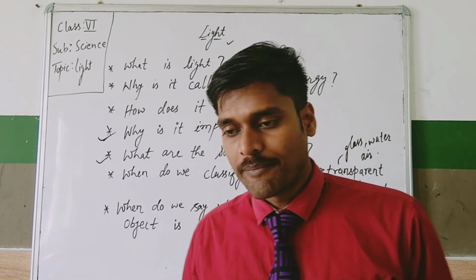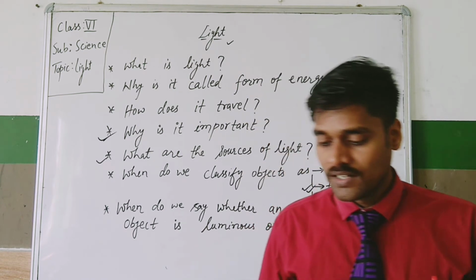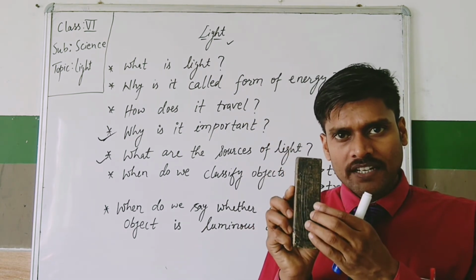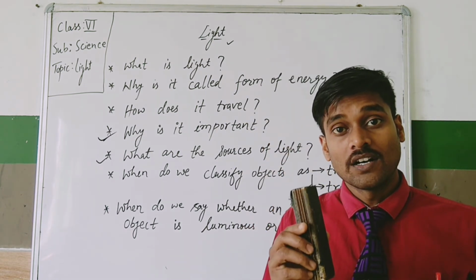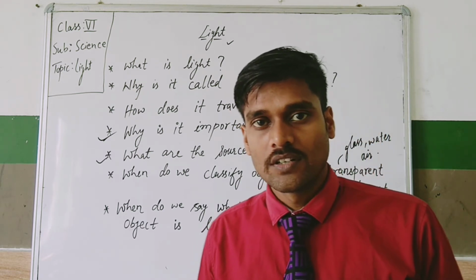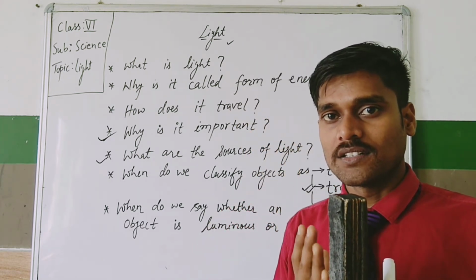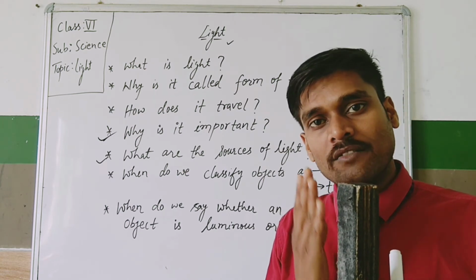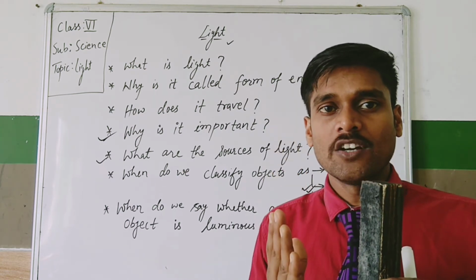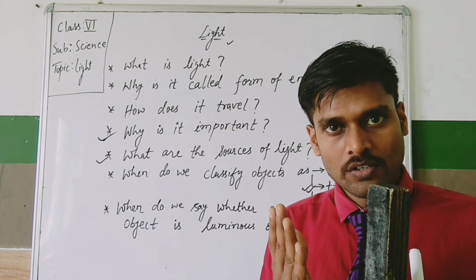And one more thing: an opaque object forms a dark shadow. If a transparent or translucent object is placed near it, you can find that a transparent object doesn't have any kind of shadow.